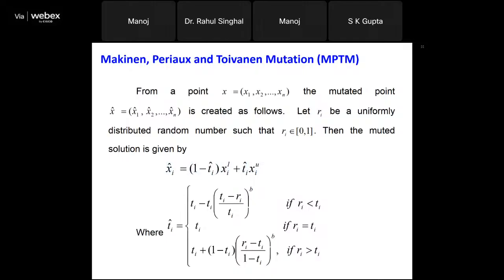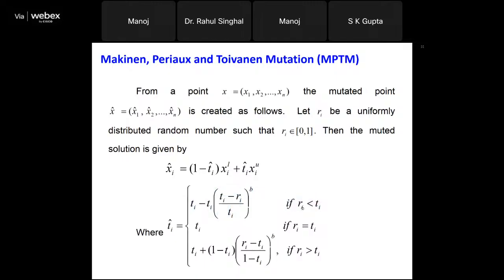That means xil is the lower bound. Essentially, in the last slide it was ai, and xiu basically is the upper bound, that is bi. And we are trying to produce a number between xi lower and xi upper using this formula. But now the ti are nowhere uniformly distributed, right?